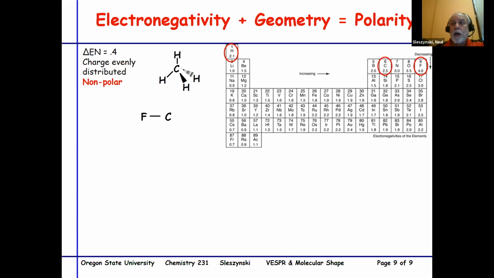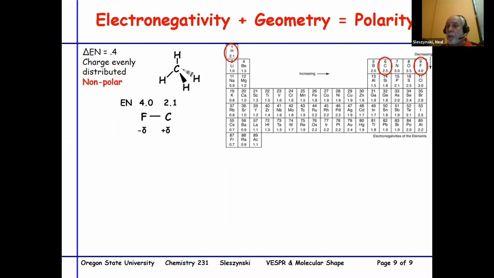Well, let's locate the electronegativity value for fluorine in our table. It is 4. Now, if I take a look at the differences in electronegativity between fluorine and carbon, it's 4 versus 2.5. Well, what that tells me is in that chemical bond, my electrons have a higher probability of being found closer to the fluorine and a lower probability being found close to the carbon.